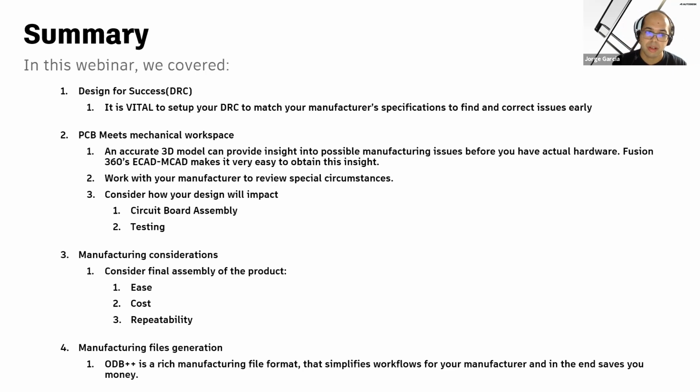As we were able to see, being able to have an accurate 3D model thanks to Fusion 360's E-CAD, M-CAD workflow really gives a lot of insight. If it wasn't for that 3D model, Chris probably wouldn't have seen that gap under the transformer and he wouldn't have asked about it. In this case, it wouldn't have been an issue, but in others it would be. And you don't find out until that first product.